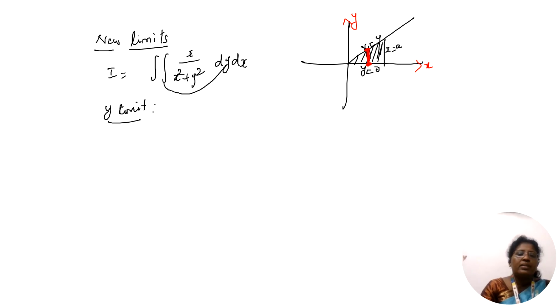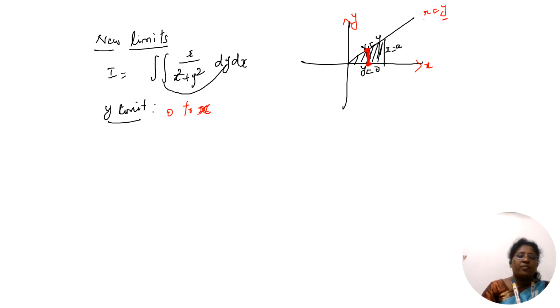The lower limit is 0. The top end touches the line x equal to y. Along this line, the value of y is x. So we are getting the limit as 0 to x.